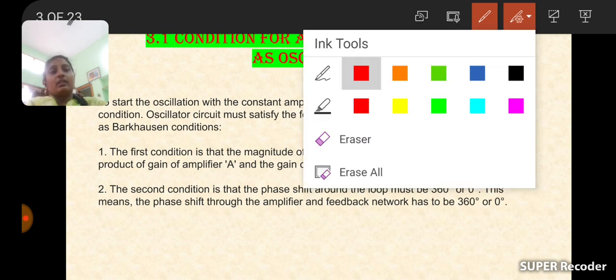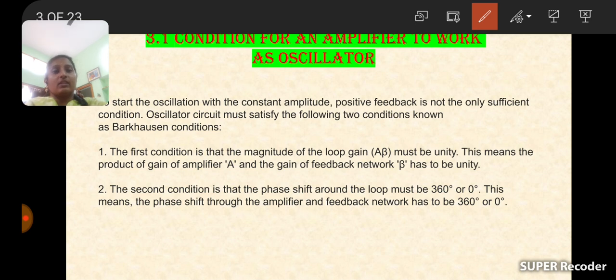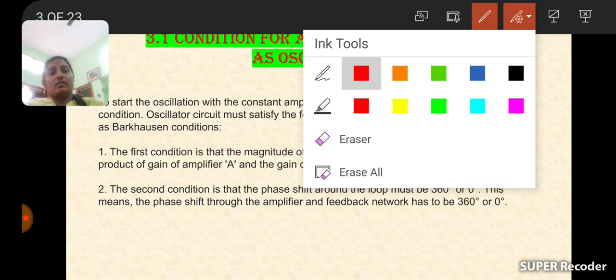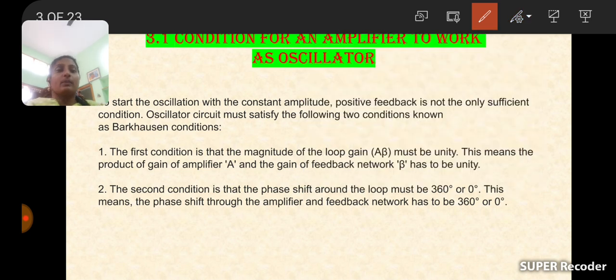And here one more important thing is, the oscillator not only requires positive feedback, it also requires two conditions. If a circuit having positive feedback without satisfying two conditions is not able to produce oscillations.